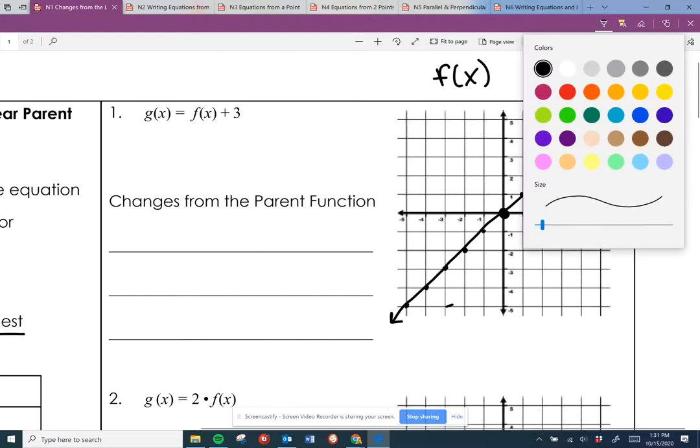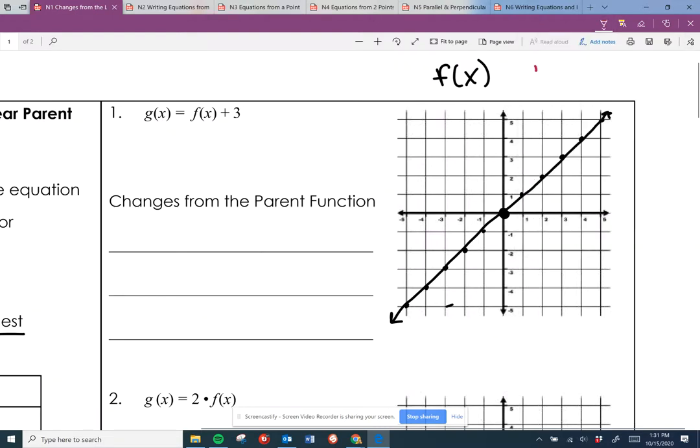Now I'm going to graph the g of x in pink, okay? So every point that I have on my graph of f of x, I just need to add 3. So instead of starting here at 0, 0, I need to add 3. So I'm going to start at 0, 3, okay? Instead of being here at 1, 1, I need to go up 3 to 1, 4, okay? Instead of being at 2, 2, I need to go up 3 to 2, 5, okay?